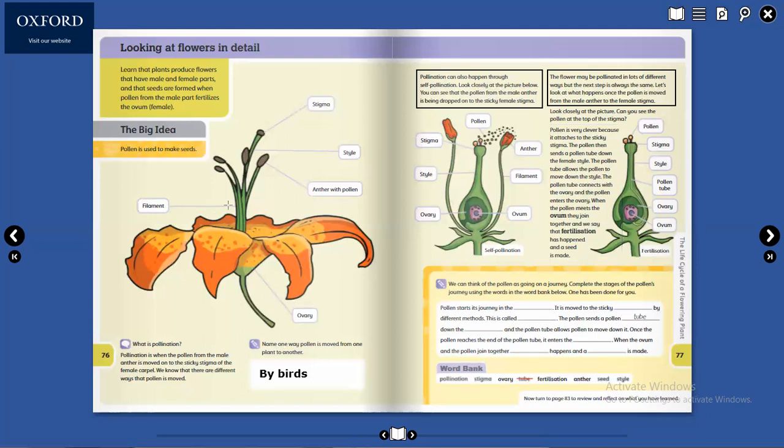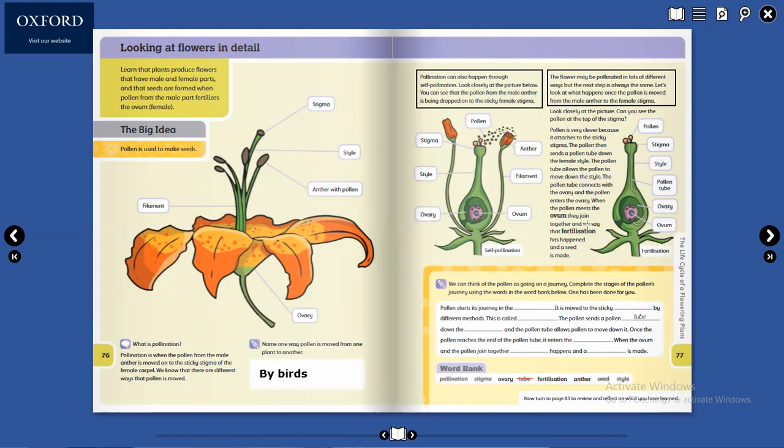Pollen is very clever because it attaches to the sticky stigma. The pollen sends a pollen tube down the female style. The pollen tube allows the pollen to move down the style.